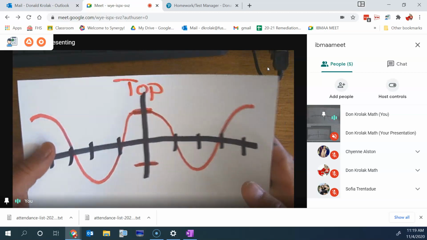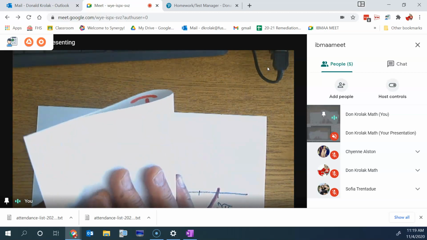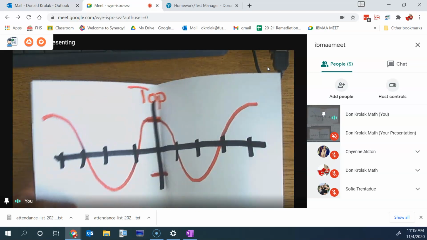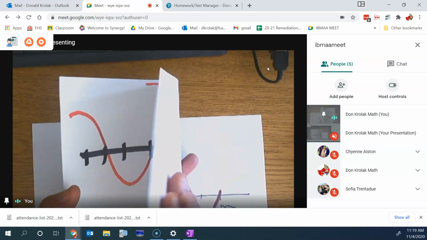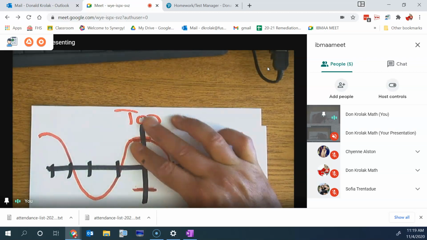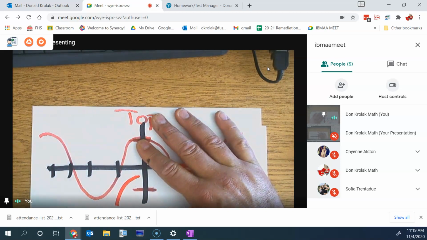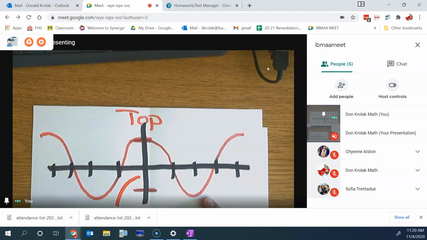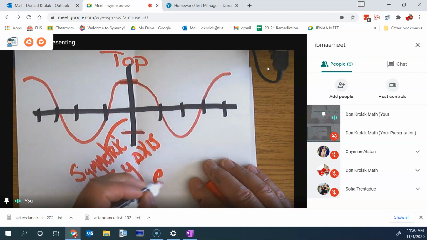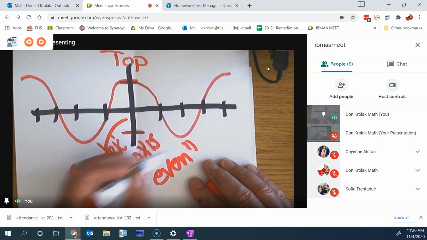Where it is symmetric is if I took it and I folded it over the y-axis. Now, the part on the right is going to go exactly on the part on the left. So this one is symmetric with respect to the y-axis, and we call that an even function.